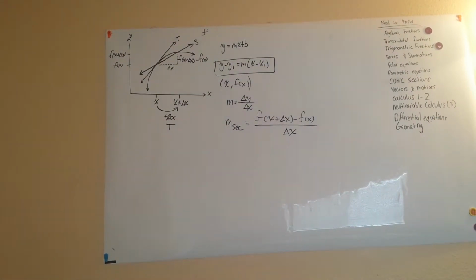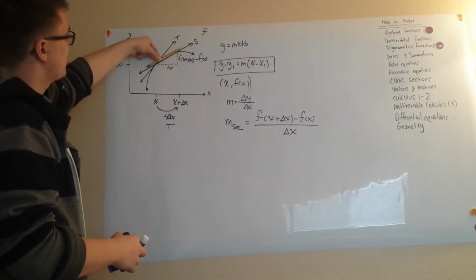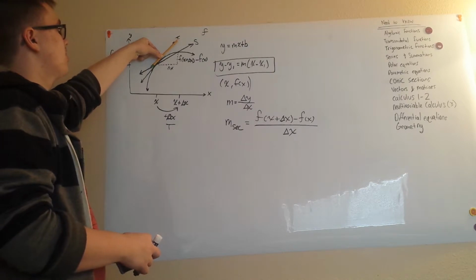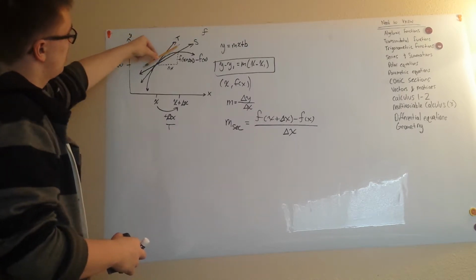Gotta use a ruler for this one. I want to see if the pencil would work. Okay, I have my tangent line with secant line, and my point gets really, really close. This point right here gets closer.